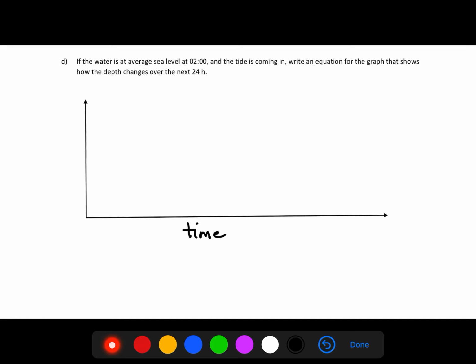Now, part D, if the water is at average sea level at 2 o'clock and the tide is coming in, write an equation for the graph that shows how the depth changes over the next 24 hours. So again, if we think about how our original graph has changed, let's think about what the difference is.